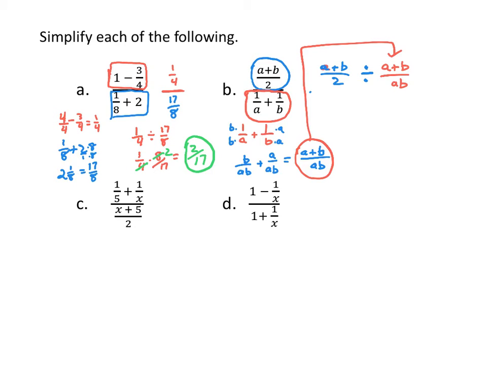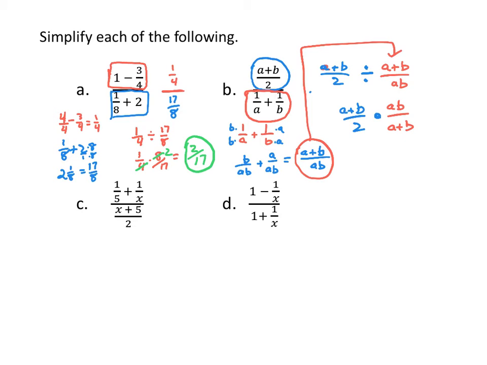Now I know some of you are tempted to do two things at once, such as immediately write that as multiplying by the reciprocal. But I just want to keep things simple. So now I have a plus b over 2 times the reciprocal, ab over a plus b.